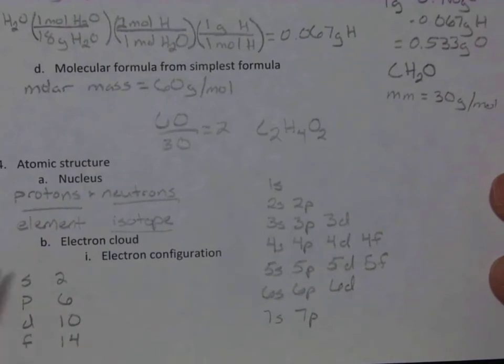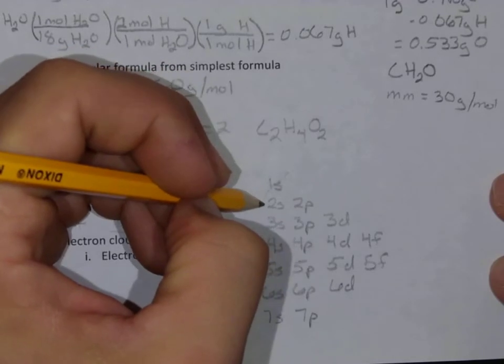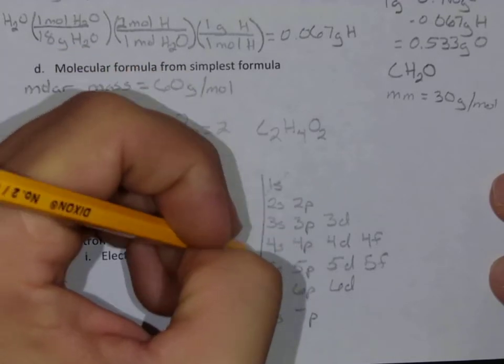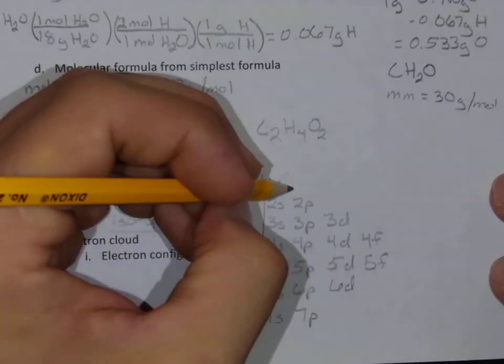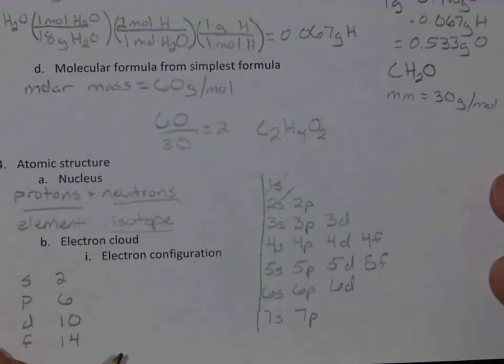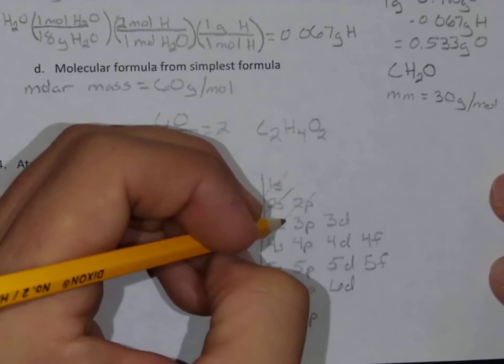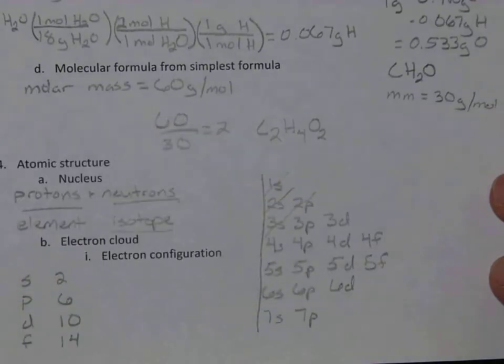Our order of filling, we're going to do our 1s first, and then we run out here. We hit the wall. So then we start back at the beginning and go 2s, and we hit the wall again, and then we go over to the 2p, and then we hit the 3s.